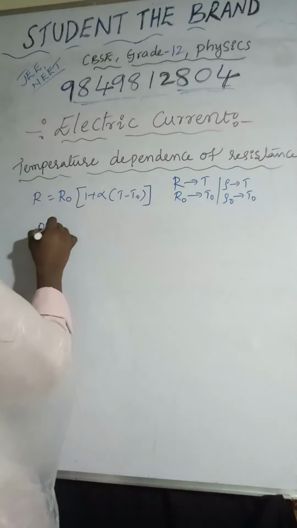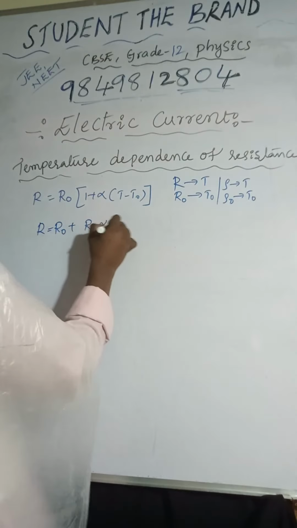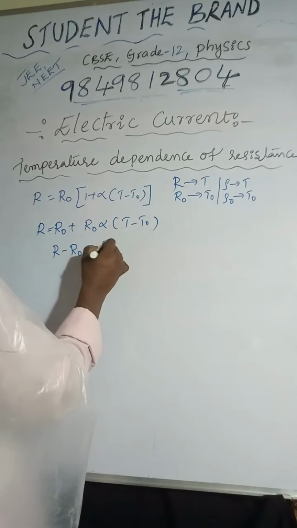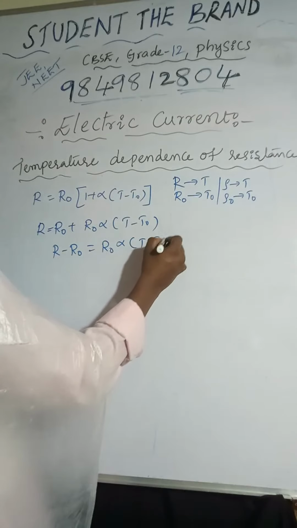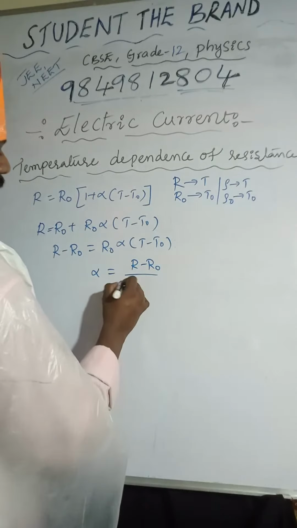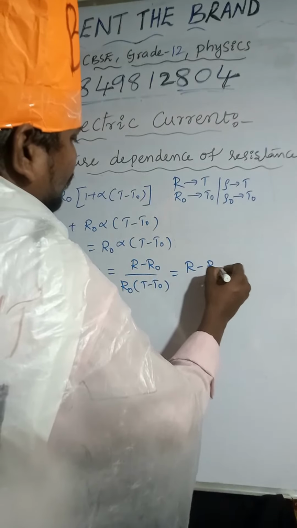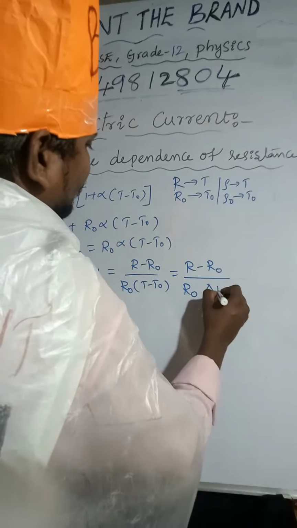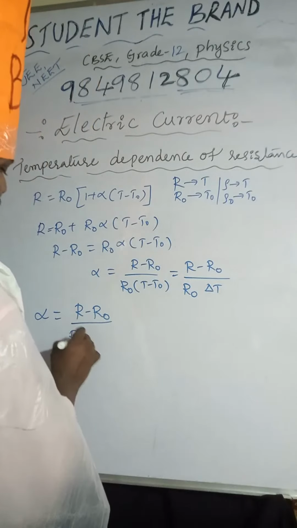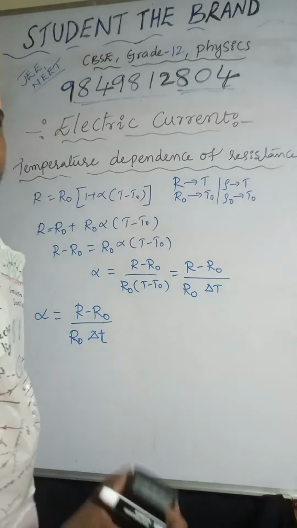So R minus R naught equals R naught into alpha into (T minus T naught). Then alpha equals (R minus R naught) by R naught into (T minus T naught), which is (R minus R naught) by R naught into delta T. So this is the answer.